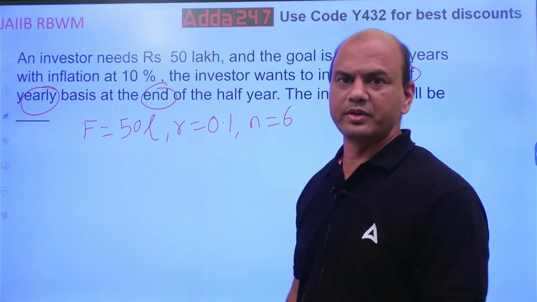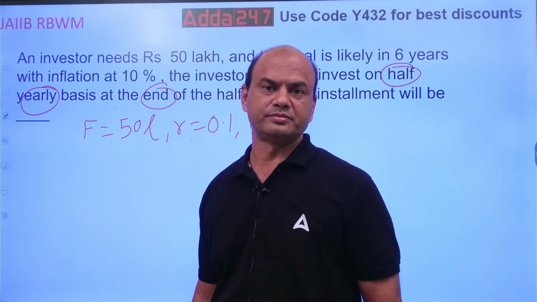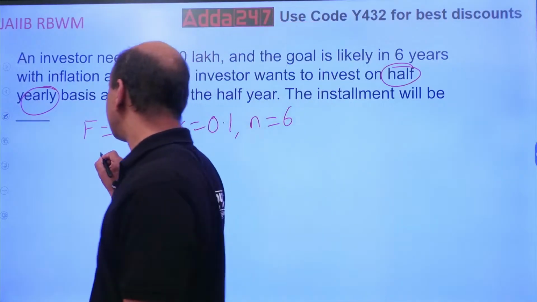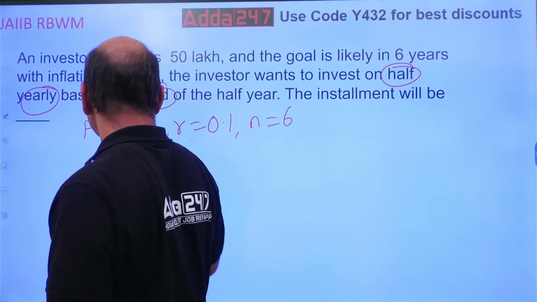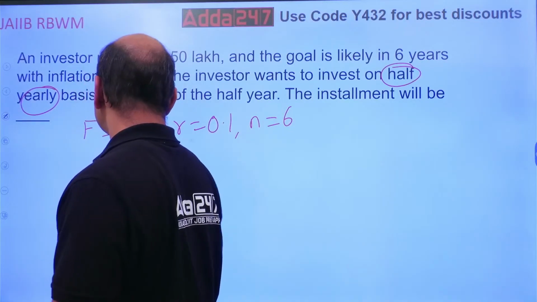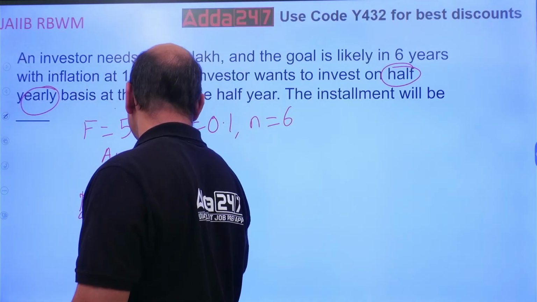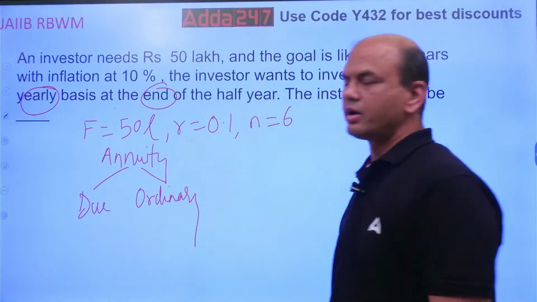There are two types of annuity: annuity due and ordinary annuity. One is due and the second is ordinary.